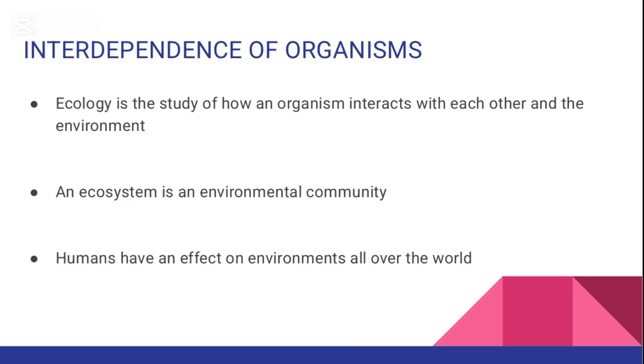Ecosystem is a good example of an environmental community. It shows truly how much we as organisms depend on each other. An example of this would be how bees help to pollinate flowers, but at the same time, they collect food for themselves.